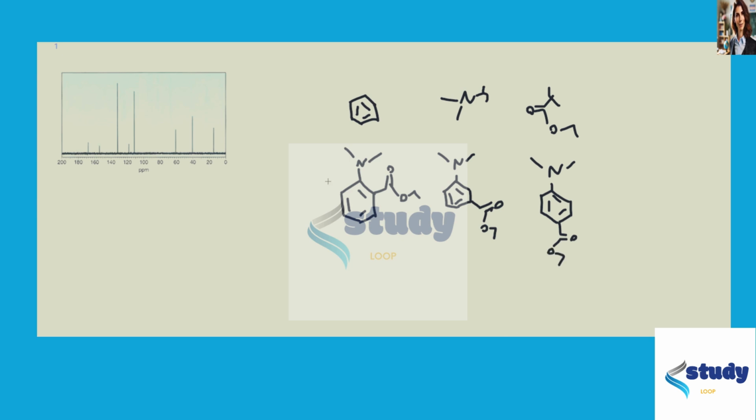Now let's go over to the carbon-13 NMR spectra to get some information out of it. We know that we have an aromatic ring, and aromatic carbons show peaks around 110 to 155 ppm. If we look at that range, around here to here, we see that we have 1, 2, 3, 4 types of unique carbons.